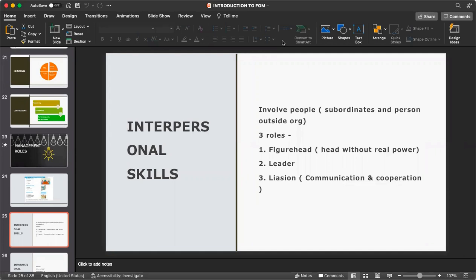Actually, liaison is basically more about communication and cooperation. They are basically not a leader. They are basically a team player. They believe in coordination and cooperation, taking people beside you, not ahead of you or behind you.